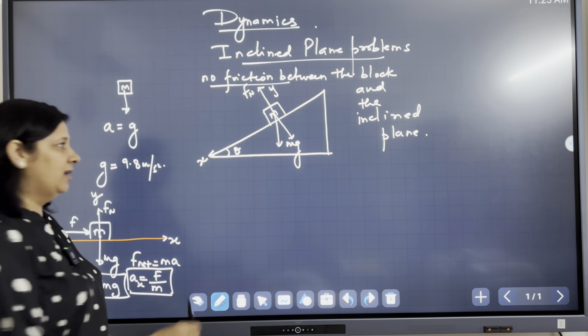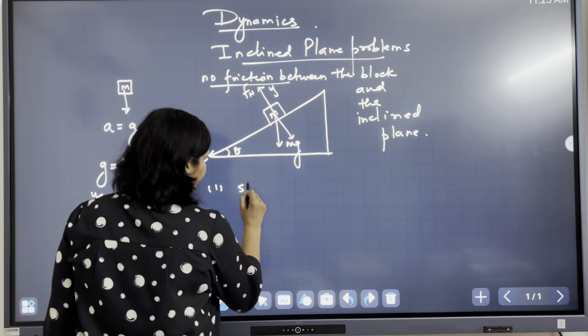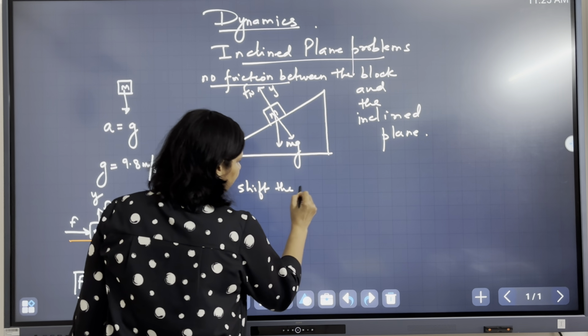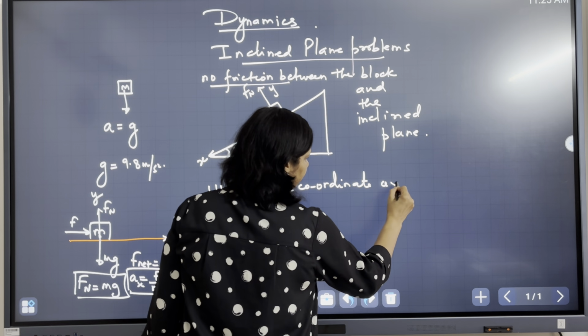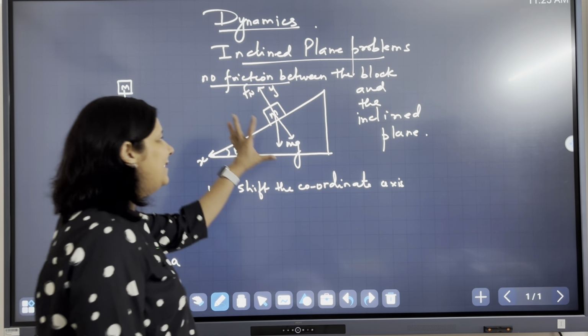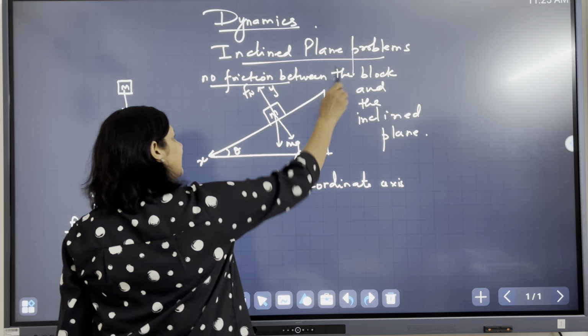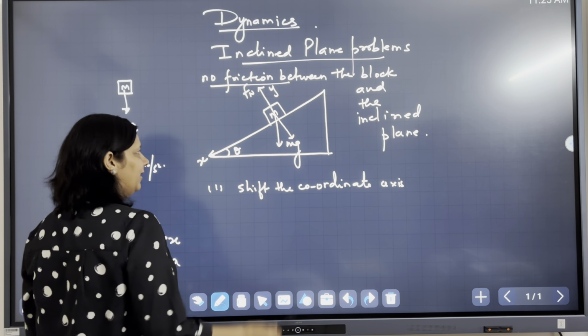Okay, this is the first thing which you have to understand: shift the coordinate axis, because it becomes easy to imagine. Now this is your x-axis and this is your y-axis, right?